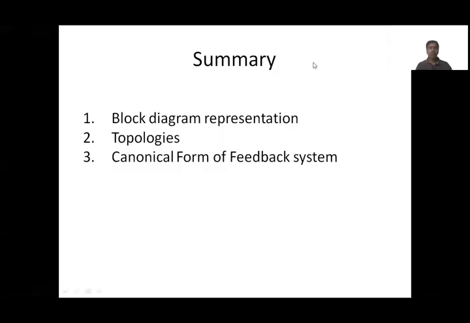Before concluding this session, let me recall what we have learned in this video. We have learned what is meant by a block diagram and how to represent a block diagram for simple examples of a system. We also discussed different topologies of control systems. And we learned how to represent the feedback system in a canonical form, to calculate different parameters from the system which are useful for further study of the behavior of the system.